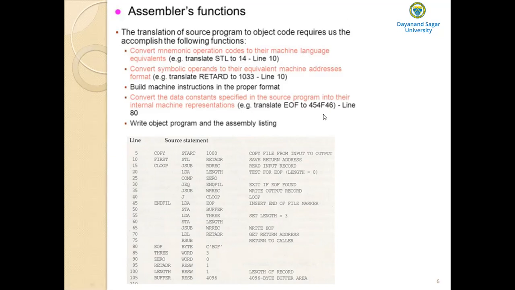Characters are represented as the hexadecimal value of the ASCII code of the characters. The ASCII code of E is 45, for O it is 4F, and for F it is 46, like that. You have to convert this data constant into the internal machine representation.